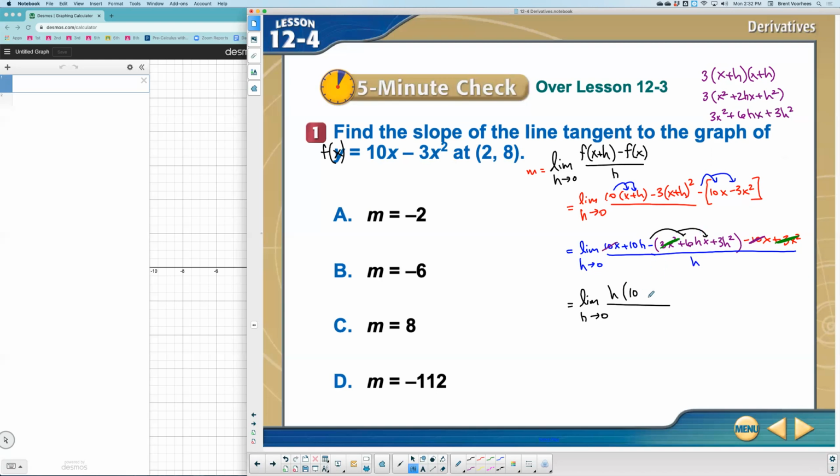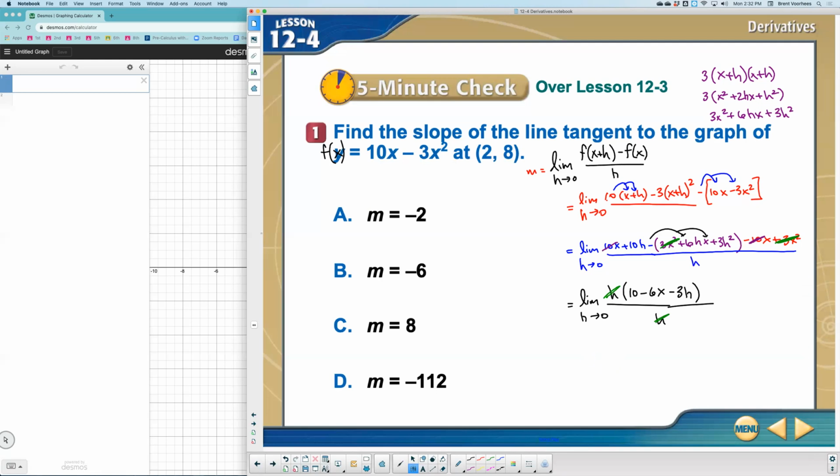Negative 6hx, when I factor out the h, will become just a negative 6x. And then here, when I factor out, it'll be a negative 3h, only one h left over. The second h comes out over here, all divided by h. At this stage, I can see that these h's simplify, and I could do a direct substitution.